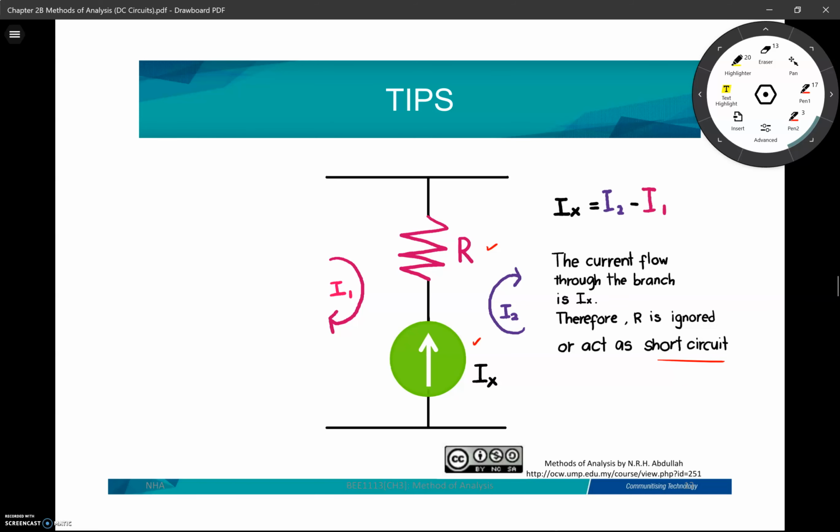But then, of course, there is a voltage V at the R. Because in mesh analysis we want to know the currents at the branch, if the branch already gives you the current value, there is no need to do the KVL equations.